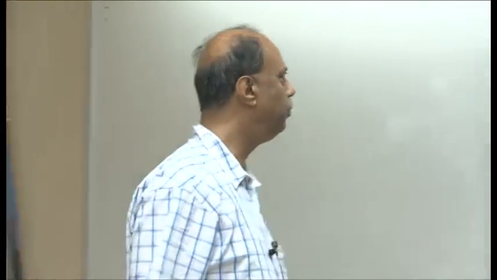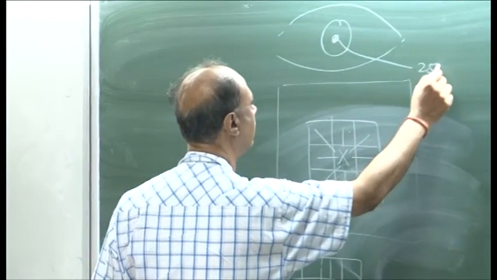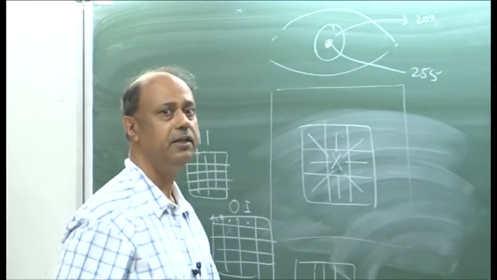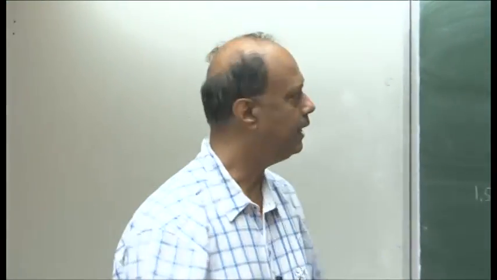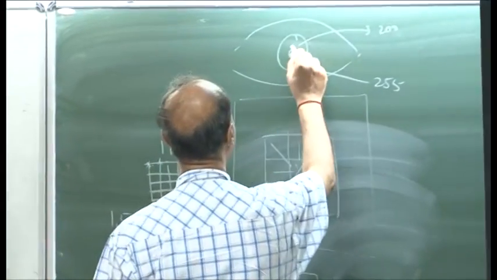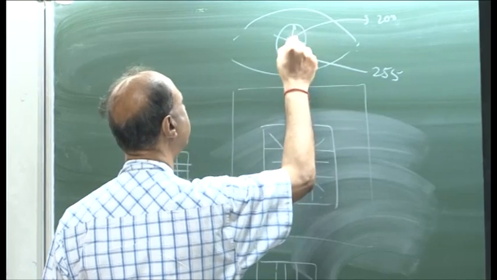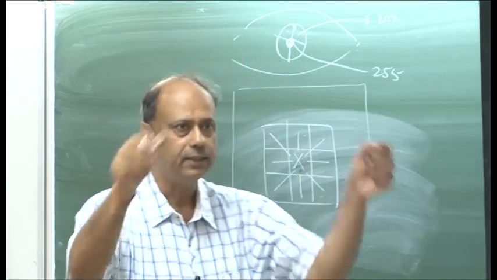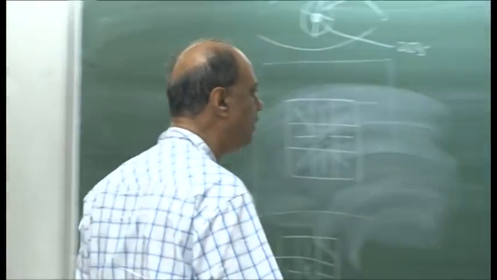The small area will become almost 255, and the rest may be 200 and so on. So you can visualize that this is your pupil area. So I need to get this part. If I know this area, I know the center, I can find out through circle expansion, and I can obtain the outer range of your black area. So inverting an image is a very powerful operation for our case.